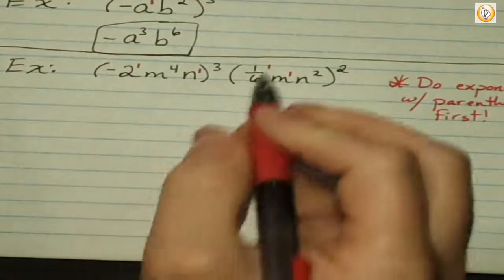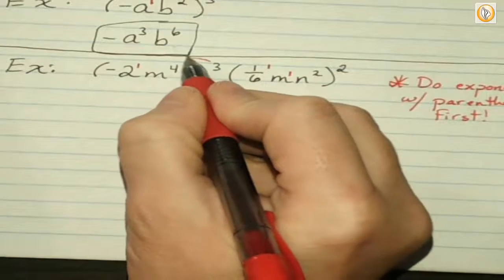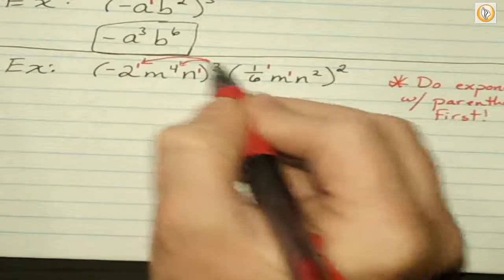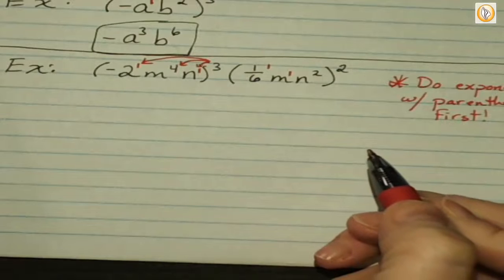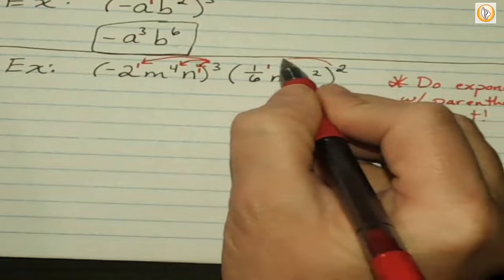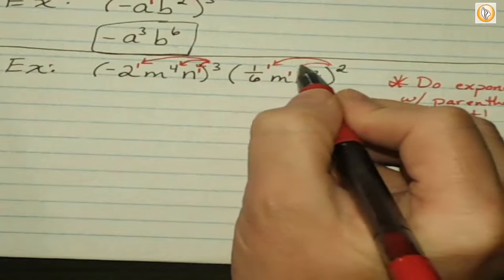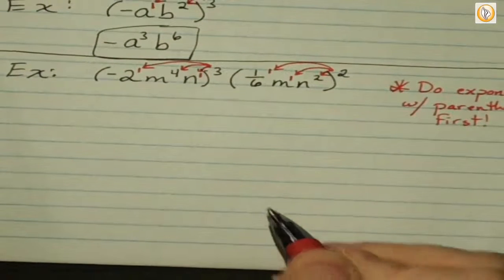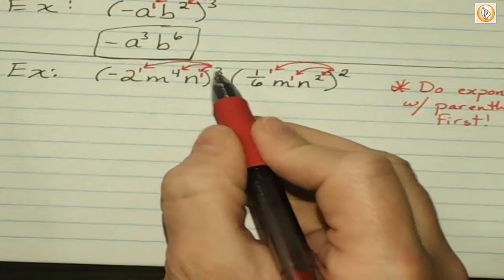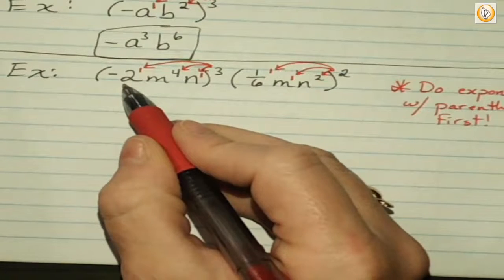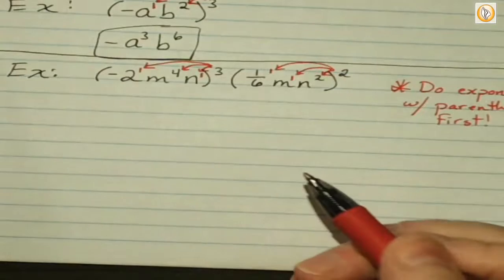Remember? So this 3 is being multiplied to that exponent, and that exponent. Draw your arrows. This 2 is going to be multiplied with that exponent, and that exponent. You have to make sure that that exponent is also applied to your numbers, not just your variables.